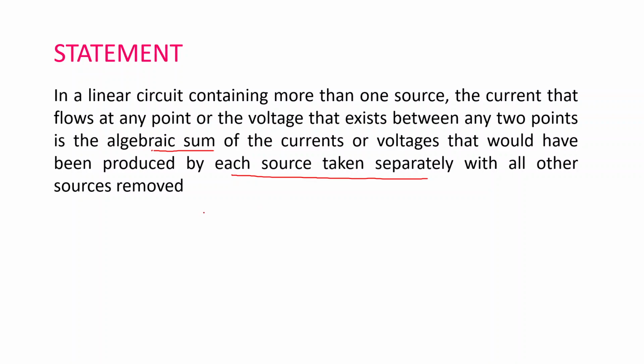Which means if there are n number of sources in a circuit, and you are trying to find the current through a particular element, then that current is equal to I1 plus I2 plus so on till IN, where I1 will be the current through that particular element due to the first source alone.